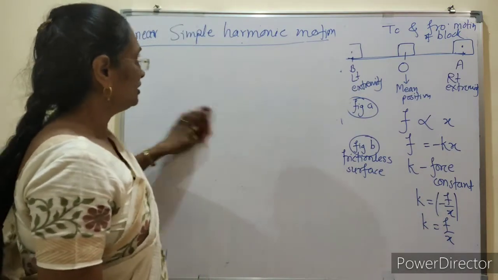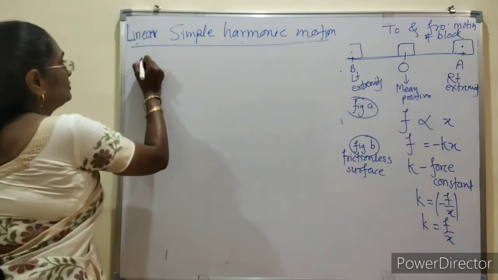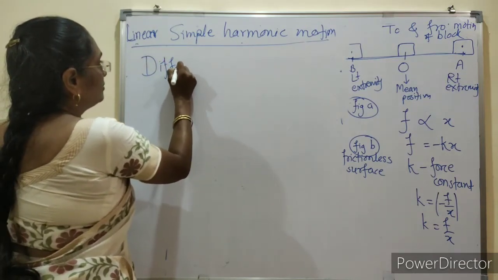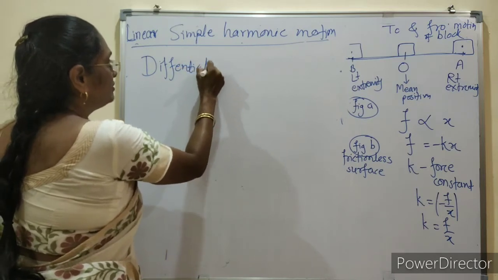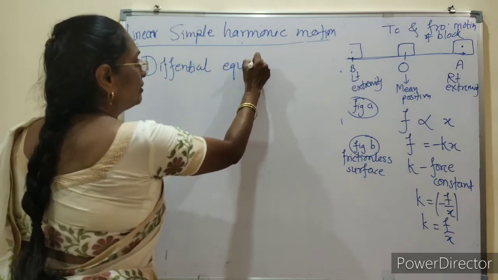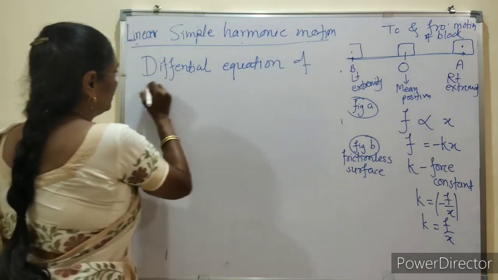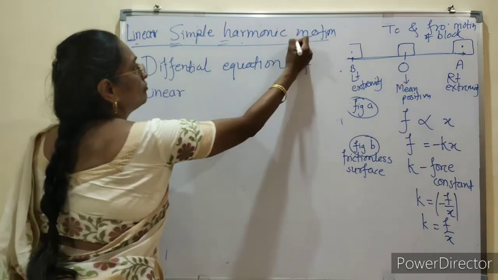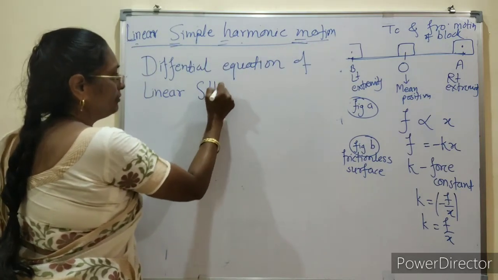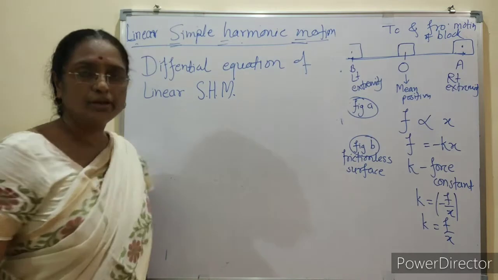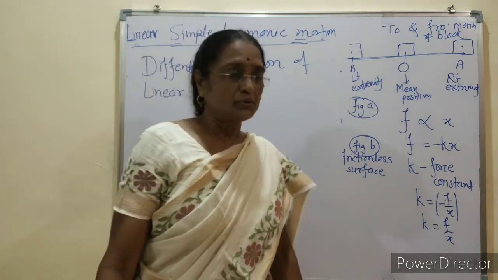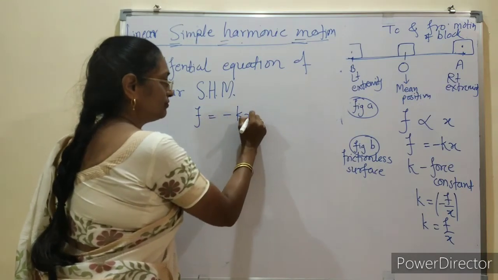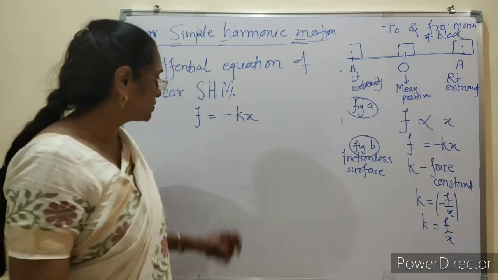Now the next point here is the equation which can describe the linear simple harmonic motion, the differential equation of linear simple harmonic motion. For that we take the same relation that F is equal to minus kx.